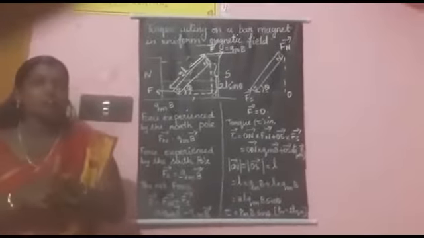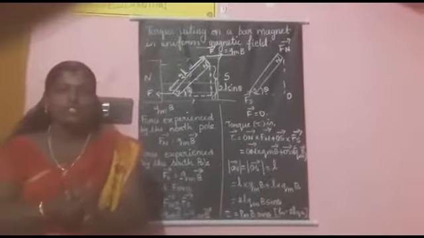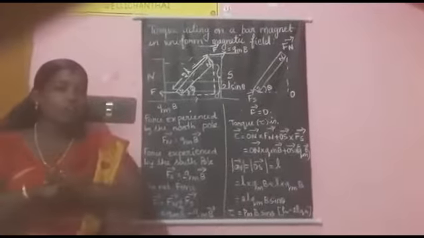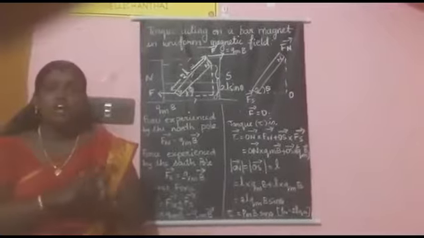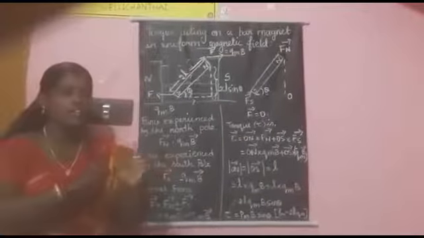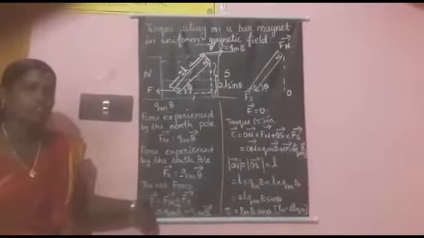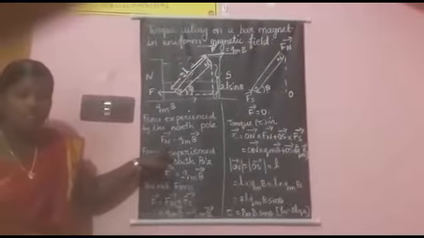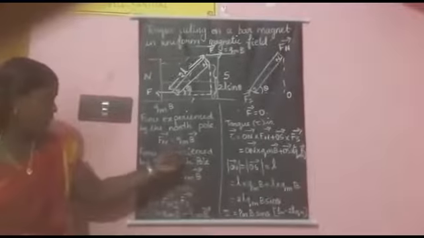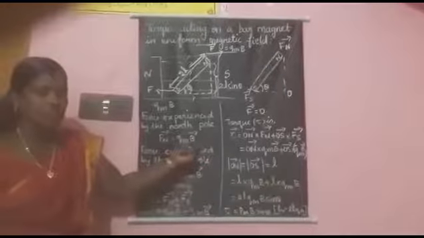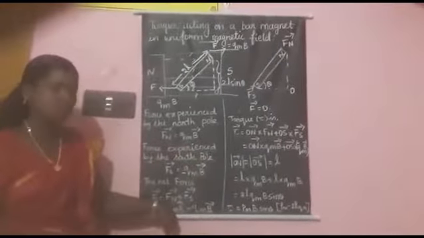Next we have to find the total force acting on the bar magnet. How will you find the total force or net force? Add these two forces. So the net force is denoted by F vector. F vector equals Fn vector plus Fs vector. We already know the value of Fn vector, so substitute it here.